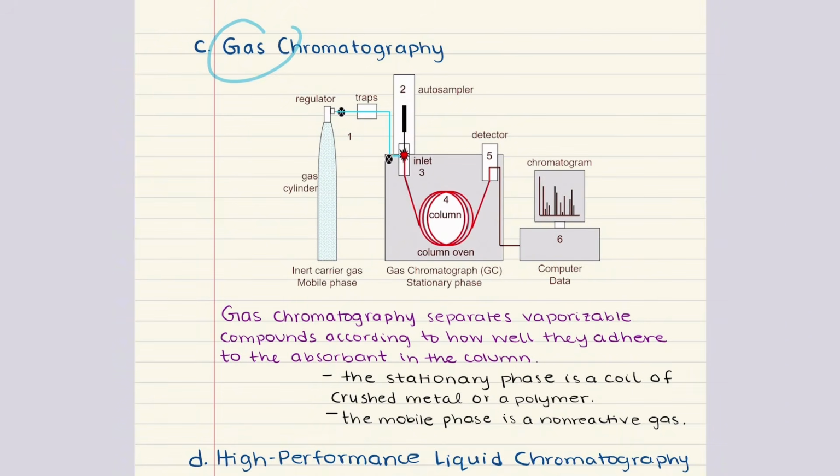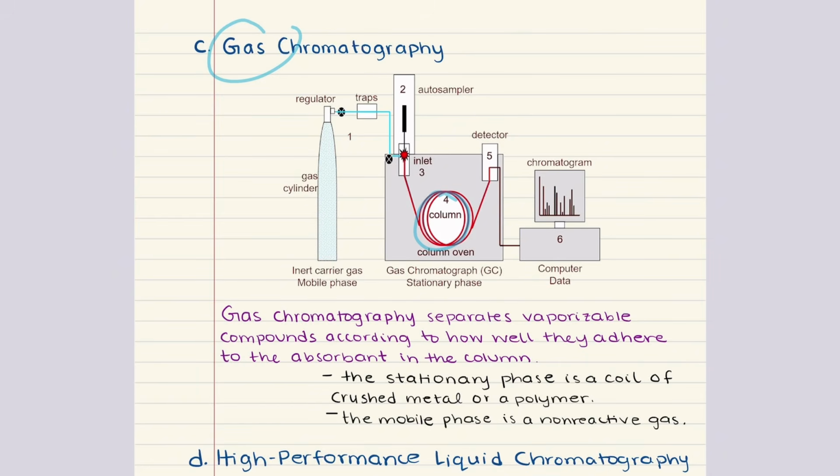And here what's going to happen is that the separation is based on how well each compound adheres to the absorbent in the column. So in GC, the stationary phase is a coil inside the column, and it's usually made of crushed metal or a polymer.